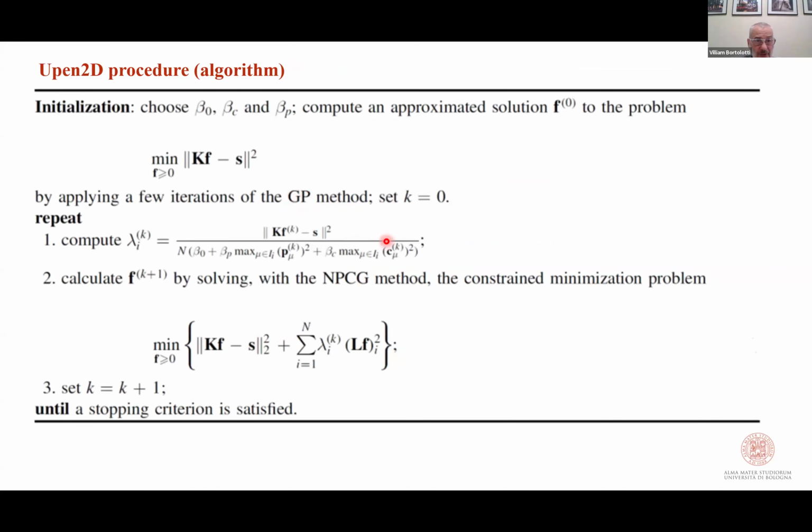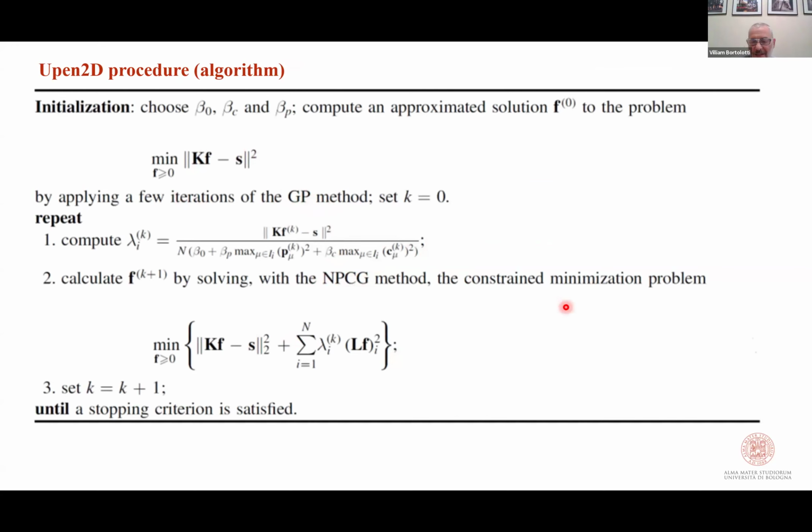The 2D algorithm does not use gradient projection, Newton projection, conjugate gradient, etc. It uses other algorithms, and the detailed description will be given with more mathematical rigor by Fabiana after.